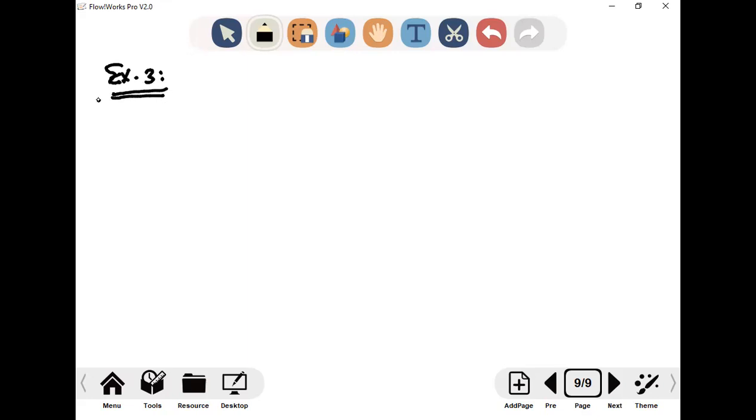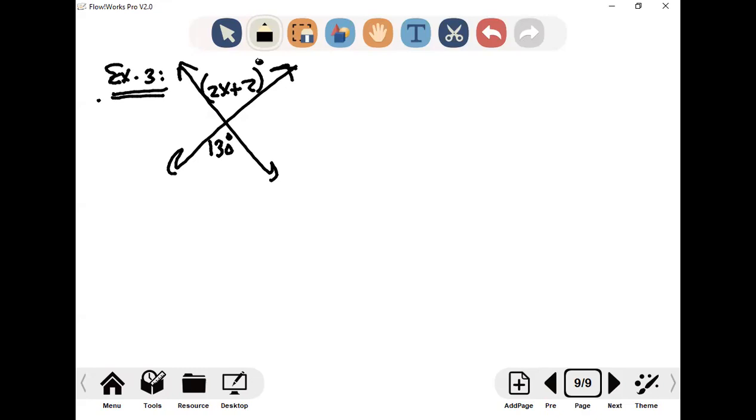In example 3, write and solve an equation to find the value of x. We have this figure here, and up here they wrote for me 2x plus 2, and here they wrote for me 130 degrees. The question said again, write and solve an equation to find the value of what? x.